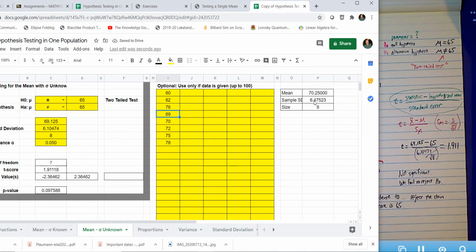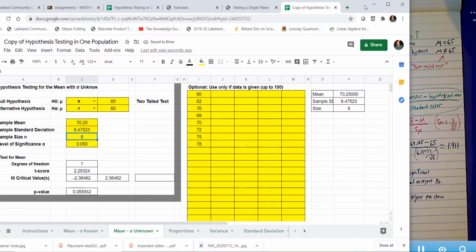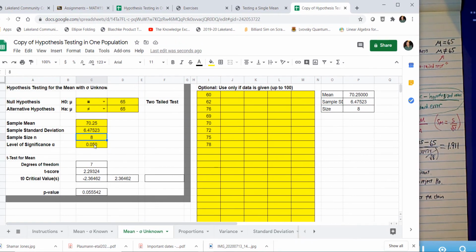And what changed? Well, as I said, the mean and sample standard deviation changed. So the mean is now 70.25. What do you think is going to happen? The standard deviation is 6.47523. We still have 8 data values. We're still leaving the level of significance at 0.05. And if this happened, the t-score would be 2.29.